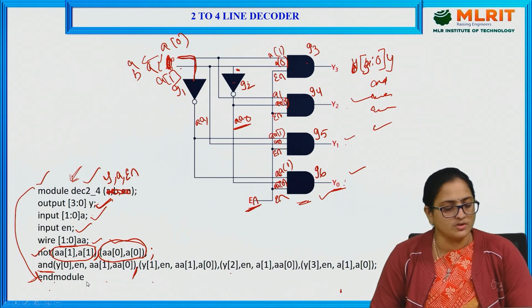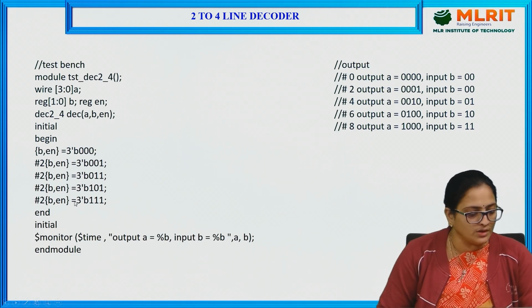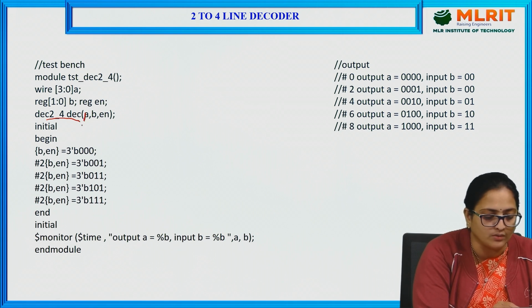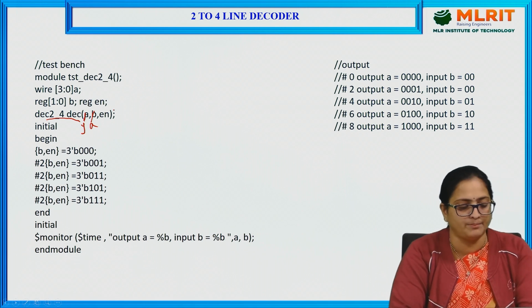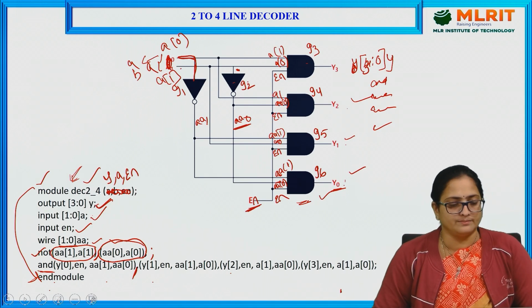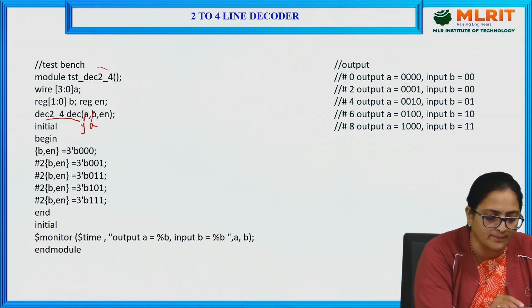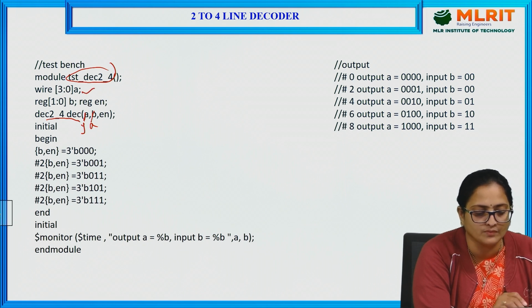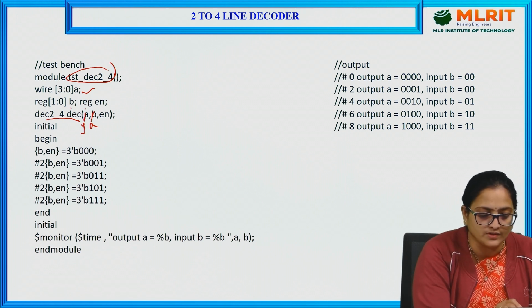For writing a test bench code, the module name which I have used for the decoder is decoder 2 to 4. So here I call the same 2 to 4 decoder with an output Y, inputs A and the enable pin. Module name test underscore decoder, outputs are given with A of 3:0 and inputs 1:0 B, register, enable.